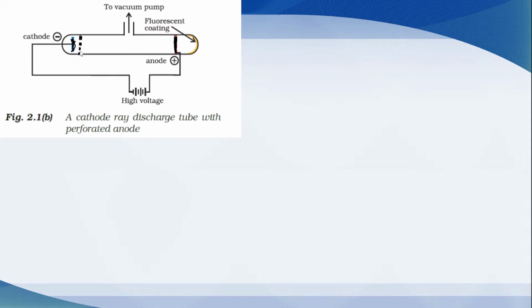So whenever we have a perforated cathode, this tube is used for the discovery of a proton.